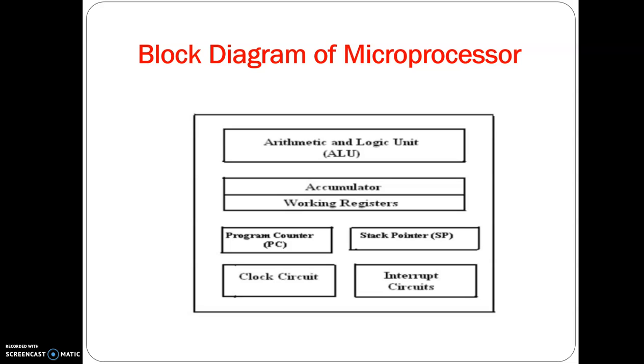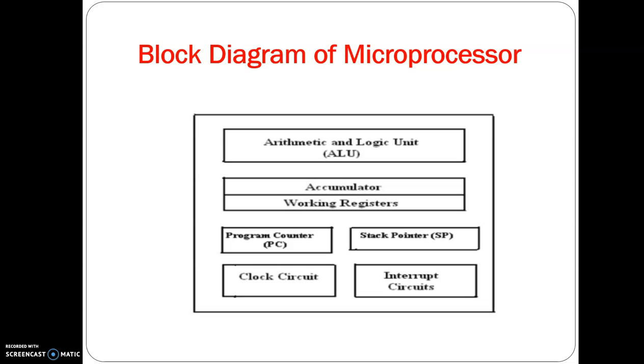Depending upon the size of the ALU, it also decides the size of the data bus. It will be the same as the size of the ALU as well as the size of the working register. So in an 8-bit microprocessor, you will find almost all the working registers of size 8-bit. Similarly, in a 32-bit microprocessor, almost all the working registers are of size 32-bit.